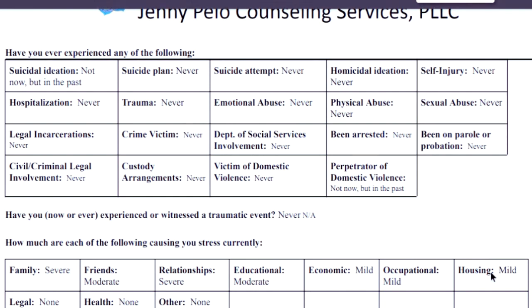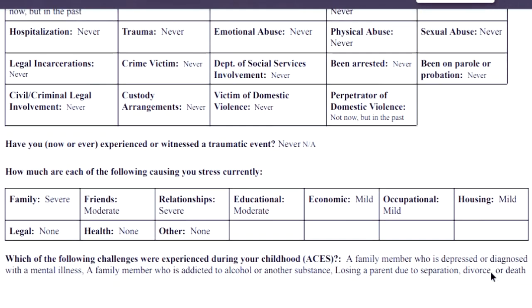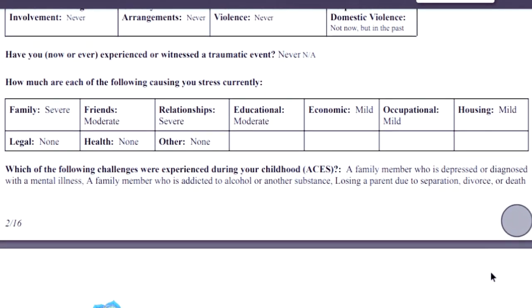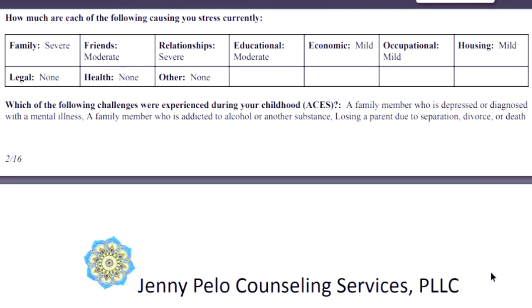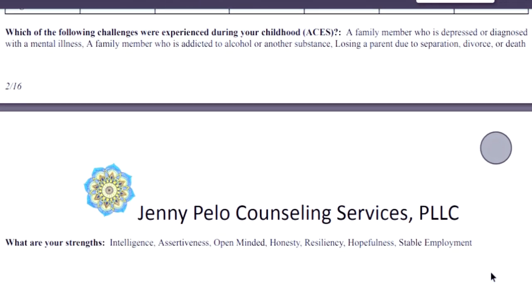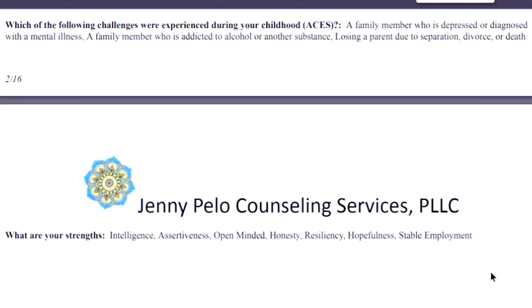And then the risk assessment information. The things that are stressing Toby out right now and how much.